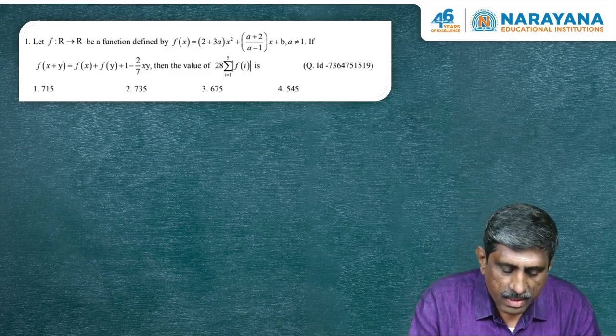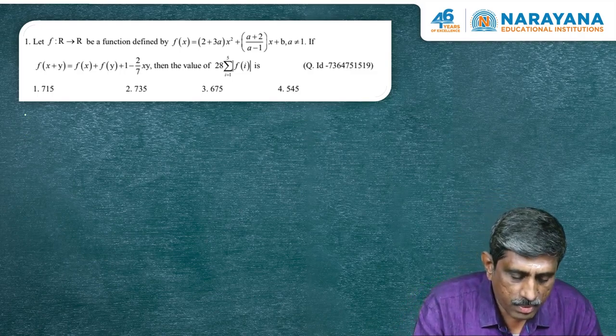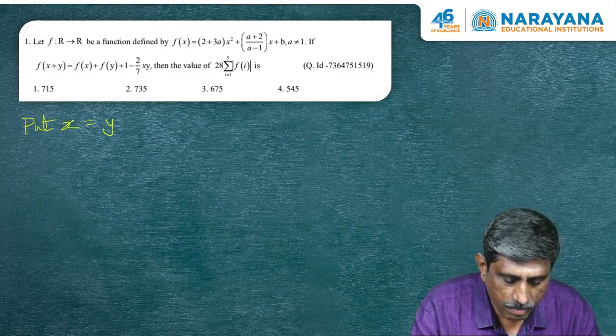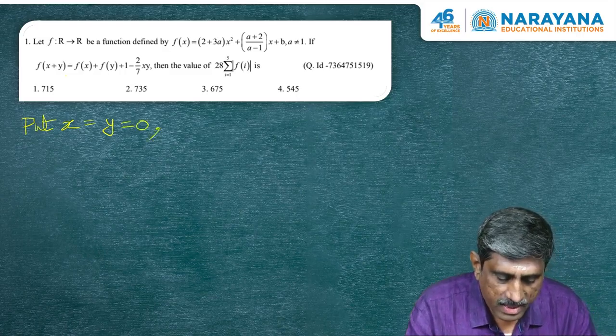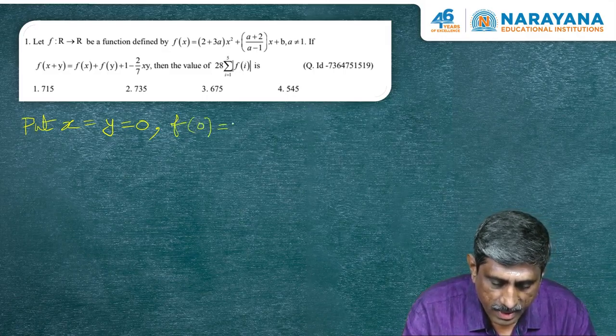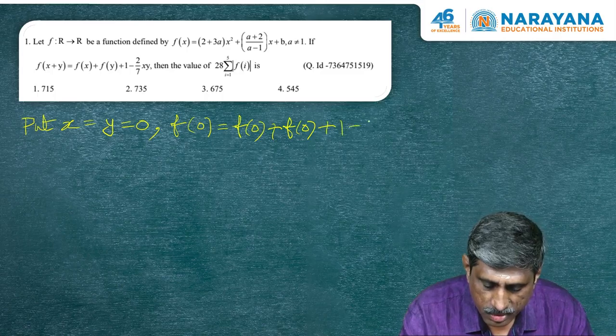Let us just verify. In the given functional relation, let us substitute x is equal to y is equal to 0. When you substitute, left side will become f of 0 and the right side is f of 0 plus f of 0 plus 1 minus 0.